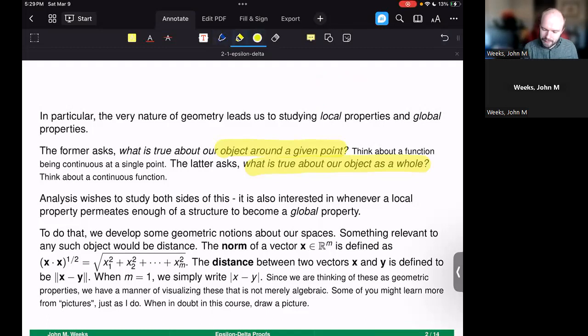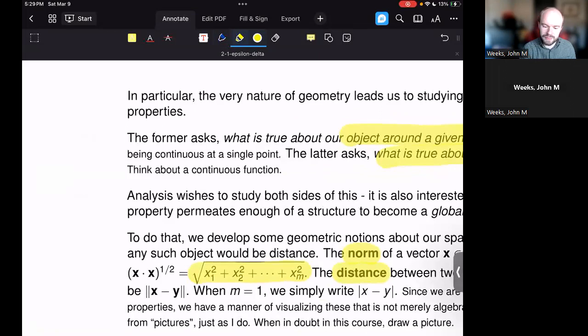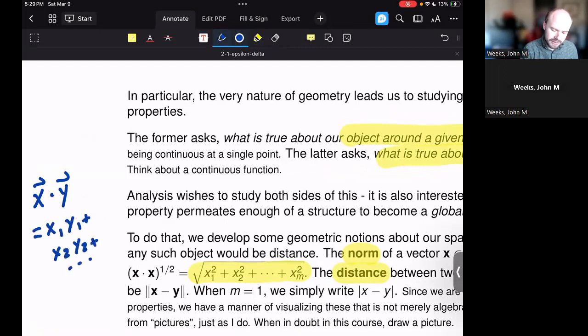Anyway, the norm of a vector is going to be its distance from 0. The norm of a vector x is defined to be the distance formula, which is the square root of (x_1 minus 0) squared, plus so on, all the way to (x_n minus 0) squared. This is the dot product of the vector x with itself, square rooted. Remember that the way you define a dot product between two vectors, x and y, is to take x_1 y_1, add it to x_2 y_2, and then add that all the way to x_n y_n.